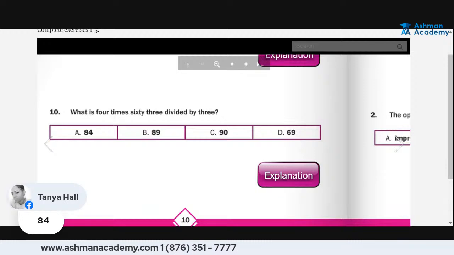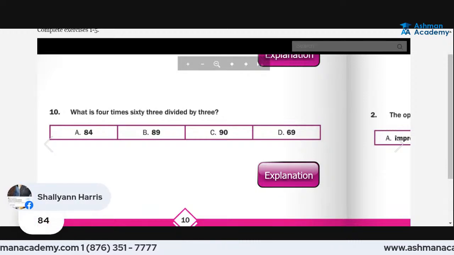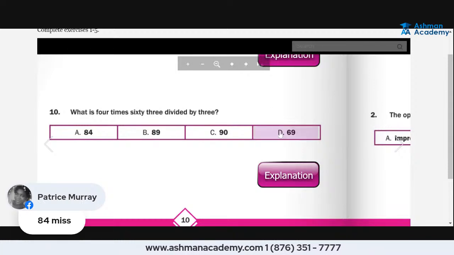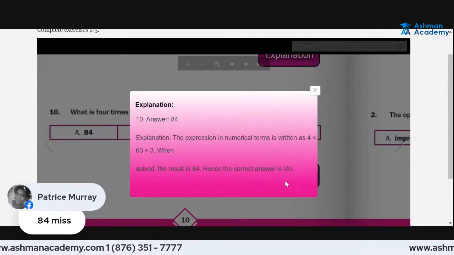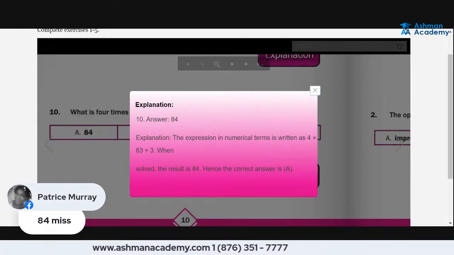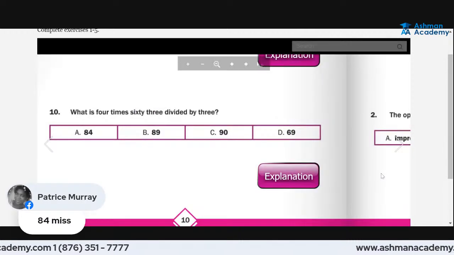Sonia is saying 84. Shalion is saying 84. Patrice Murray is saying 84. Let's look at the explanation, guys. 4 times 63 divided by 3. The explanation is 84. So the expression in numerical terms is written as 4 times 63 divided by 3. When solved, the result is 84. Hence, the correct answer is A.